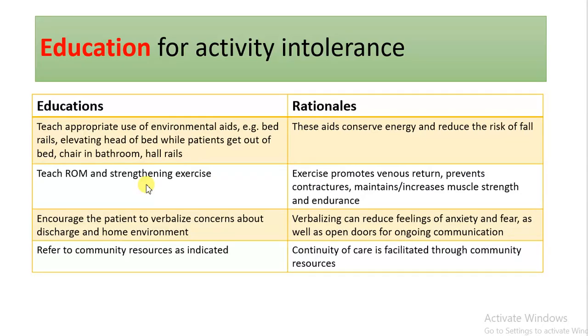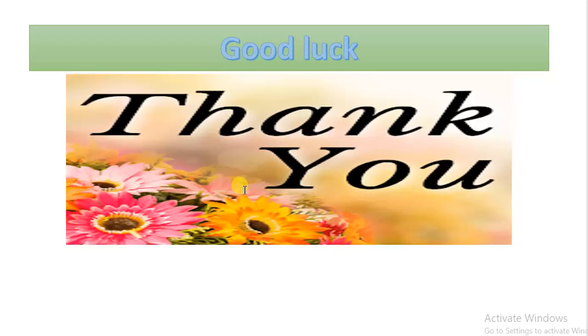The verbalizing can help the patients to reduce their anxiety and fear, as well as open a door for ongoing communication. Refer to community resources as indicated. If there are community resources like rehabilitation centers and so on, we should refer the patients because continuity of care is important for getting results.